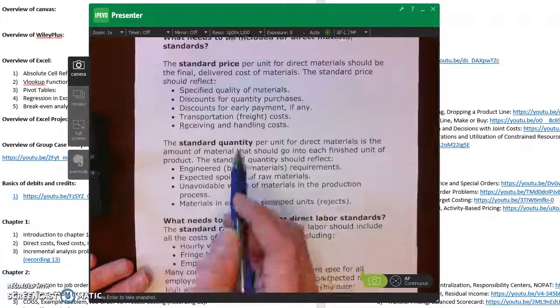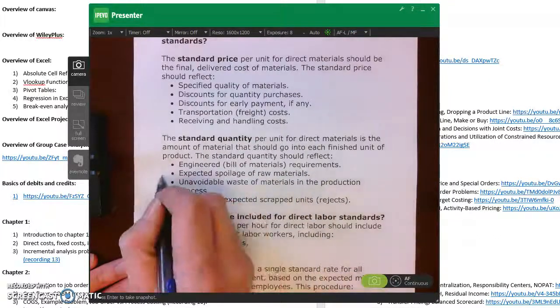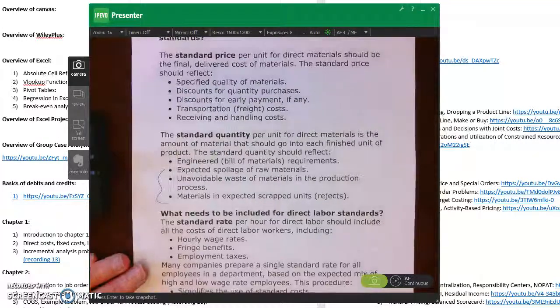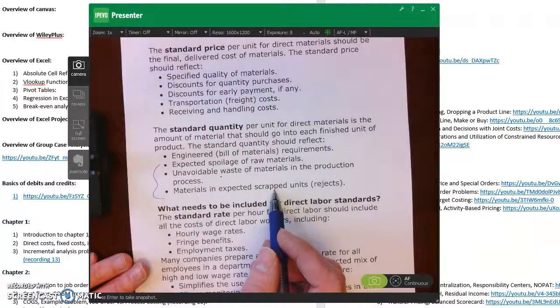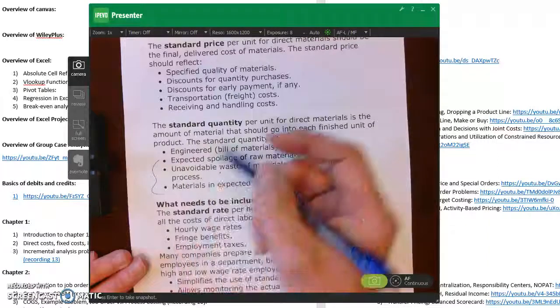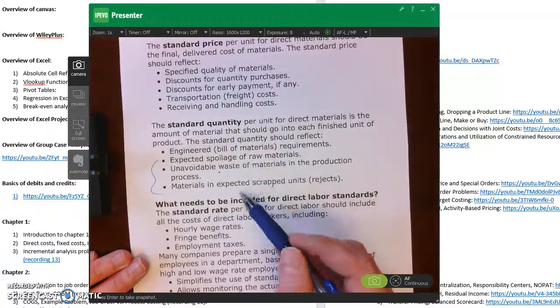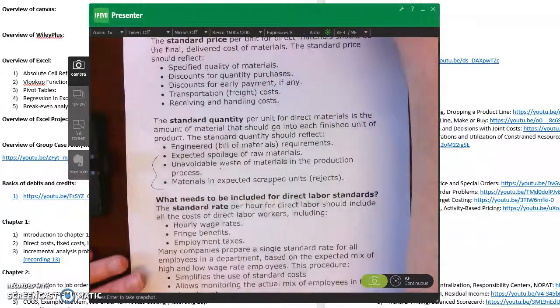We talk about the standard quantity, what should it be, our bill of materials, but then we do get into some of the attainable standards right over here. So we're going to say, you know what, there's some waste, and maybe we had some rejects, and we have to consider that, okay? So you can see right over here, when we're developing the standard quantity for direct materials, we are basically developing attainable standards, okay?